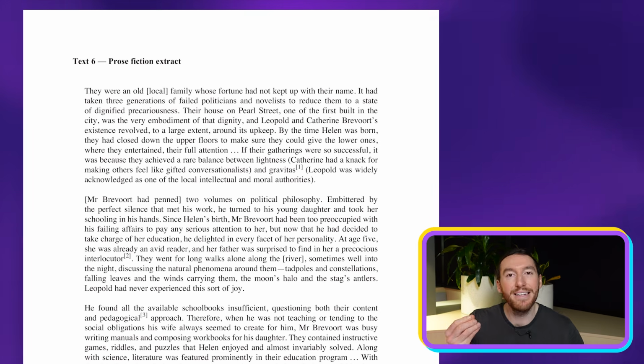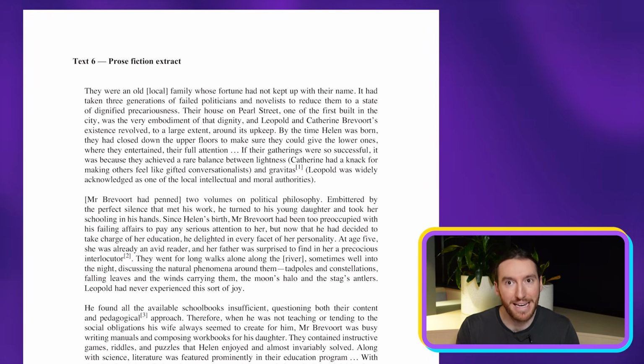So see there the dynamic between them? If things went well, which was rare, it's because of the complementary dynamic. That's what just came to mind there. Complementary dynamic between Catherine and Leopold. So they have a complementary dynamic in that they're able to uphold their reputation when they utilize their specific strengths as people.